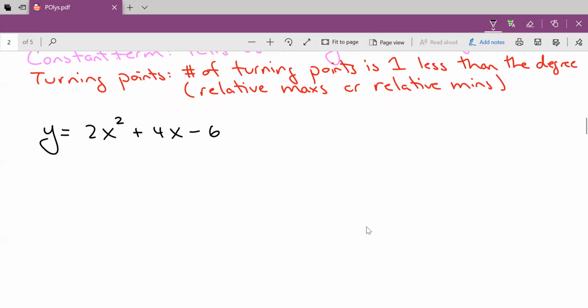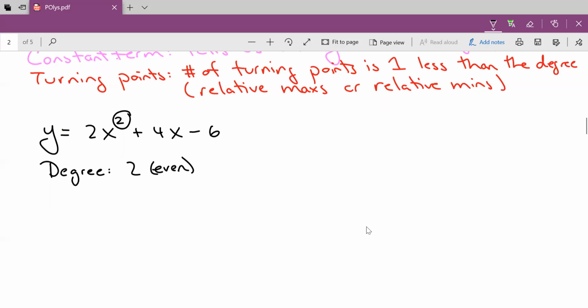The first thing I'm going to say to myself is, what is the degree of this? Well, the degree of this is degree 2. Another way to say that is that this is an even degree. You'll see why that's important in just a couple minutes.